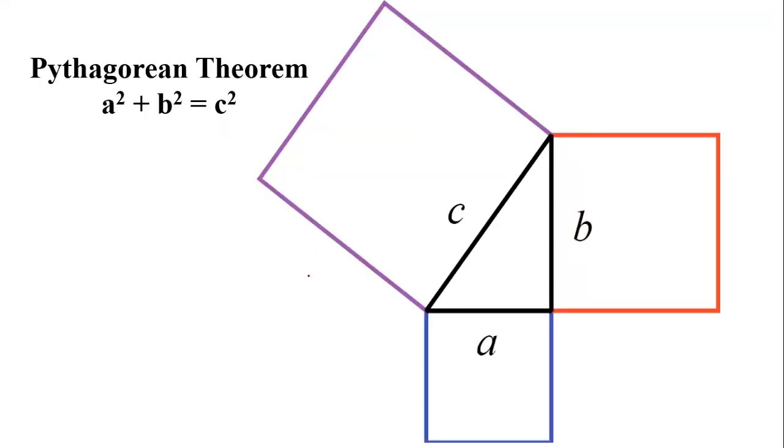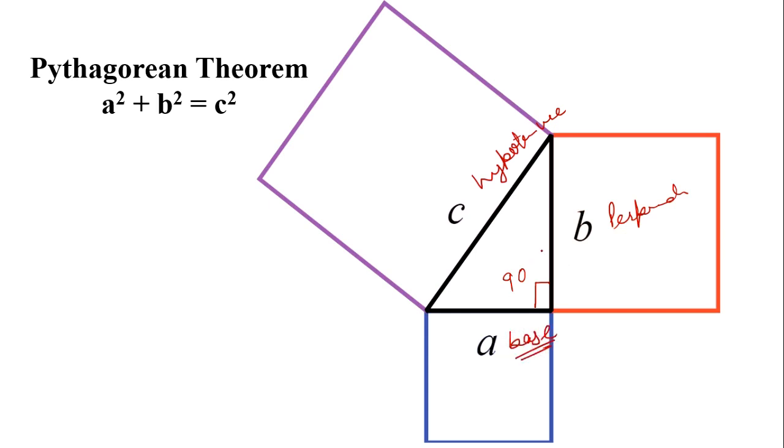One of the most commonly used theorems in this chapter is the Pythagoras theorem, and for application of this theorem the triangle must be right angled, that is, one angle must be of 90 degrees. The side facing the 90 degree angle will be called the hypotenuse. So here C will be the hypotenuse, B will be the perpendicular and A will be the base.